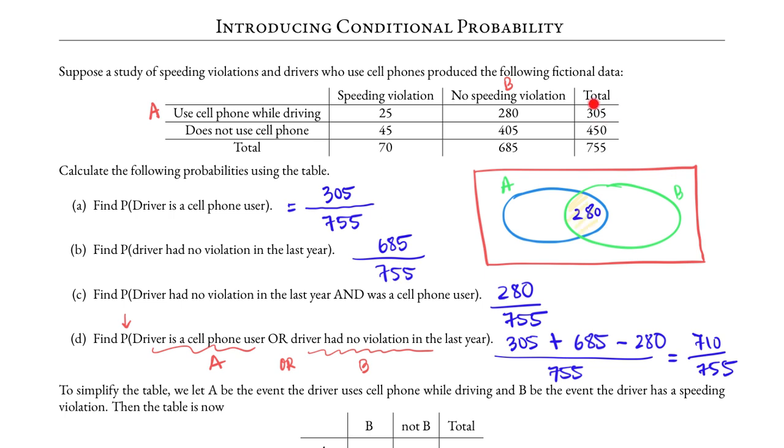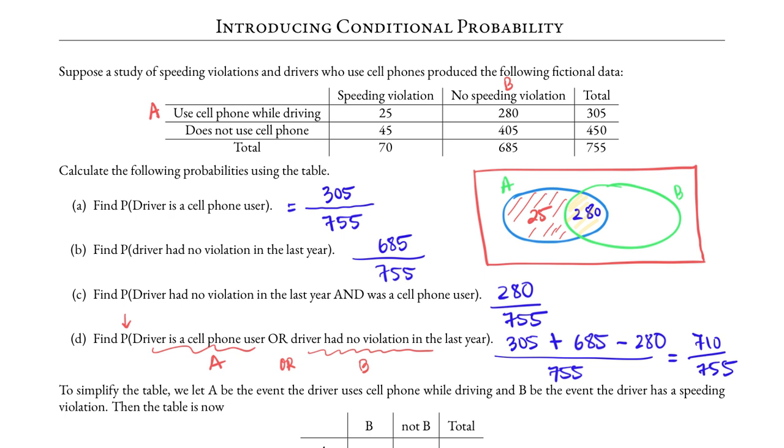Out of 305 drivers who use a cell phone while driving, 280 got no speeding violation. This is the part that is overlapped with B, and 25 of them got a speeding violation. 25 is the part that includes only those who use a cell phone while driving and have a speeding violation.